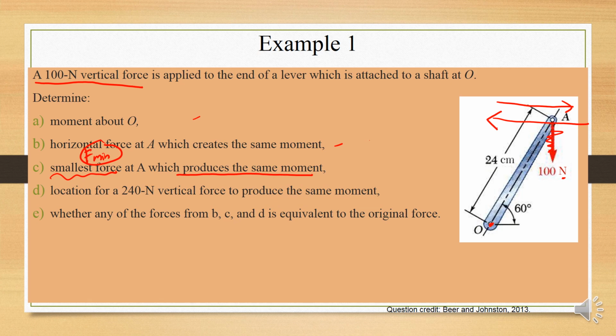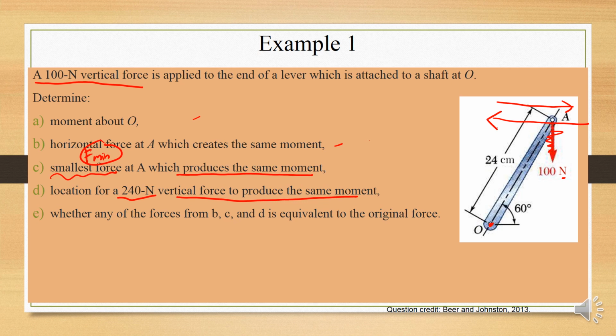Take a look at question D. Location for a 240 vertical force to produce the same moment. For D, it asks where to locate the force, if you want to produce the same moment.